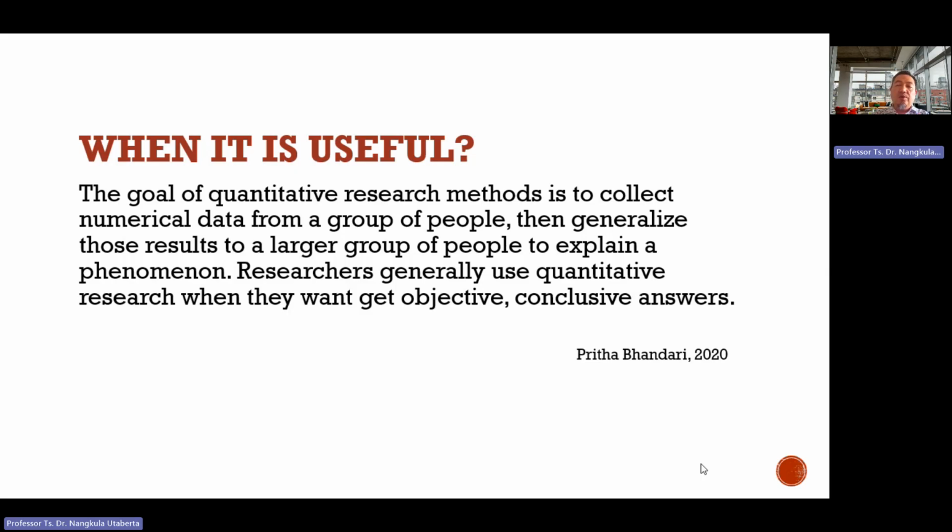So it's more about finding an exact answer. That's why when you did your research later on and you like to find out the specific correct answer, normally we are using quantitative research methods.